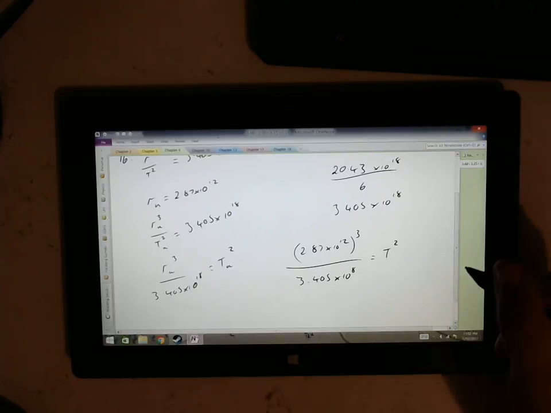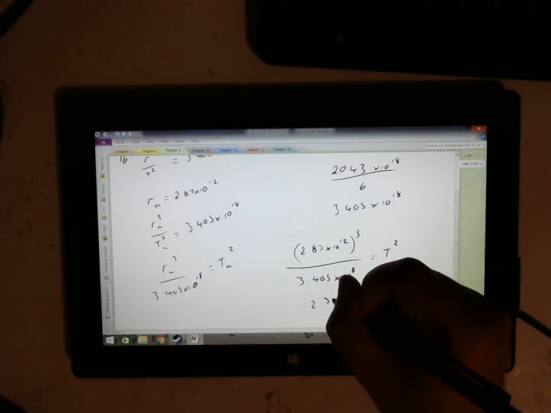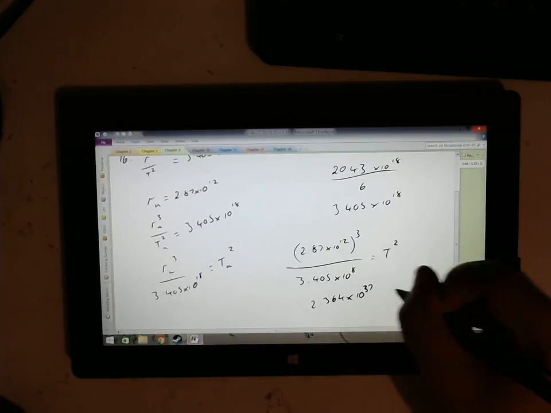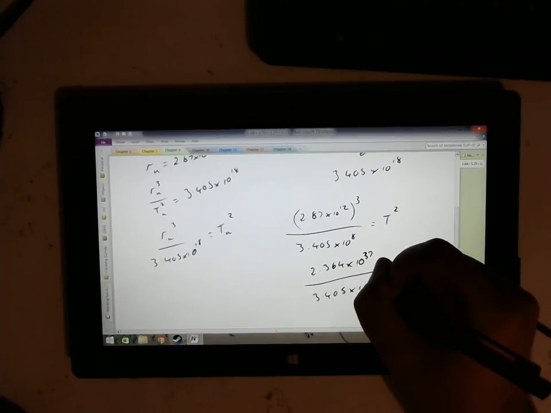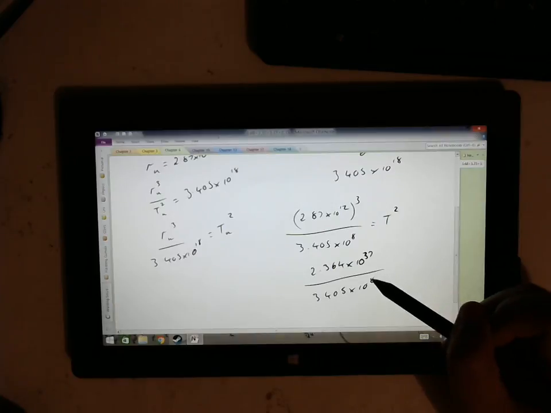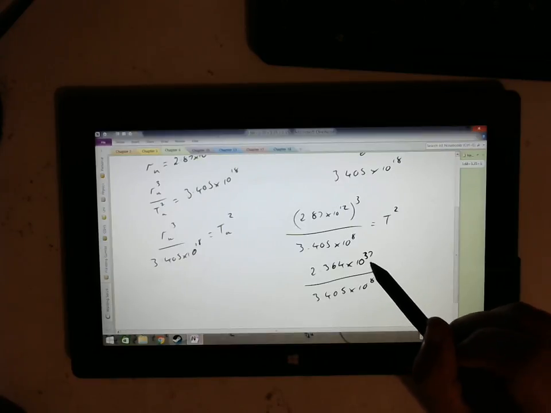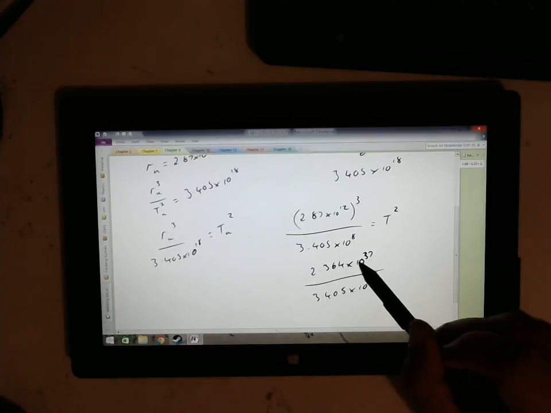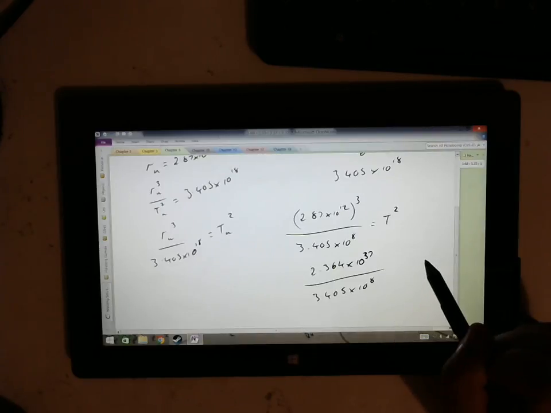The bit on the top was 2.364 times 10 to 37 over 3.405 times 10 to the 18. Now that's 10 to the 37 divided by 10 to the power of 18. That means it should reduce in power, so we should have around 10 to the 19, not 10 to the power of 55, because if you put this into the calculator wrong, you're going to do this big number divided by that and then multiply by that, which means the power will go up.